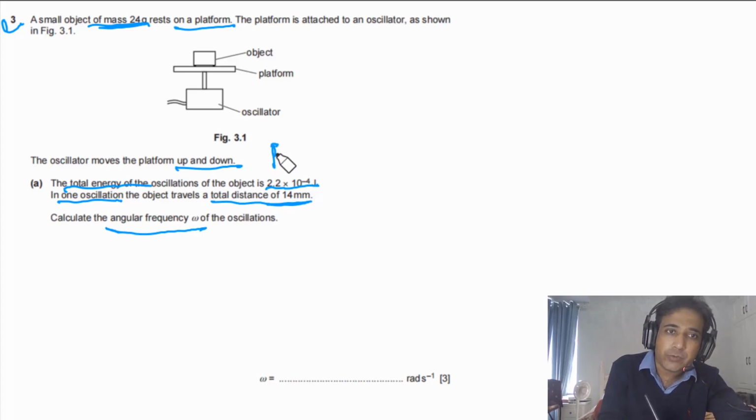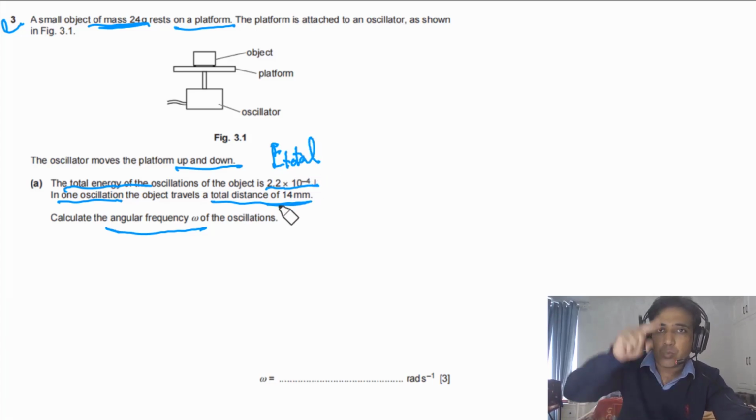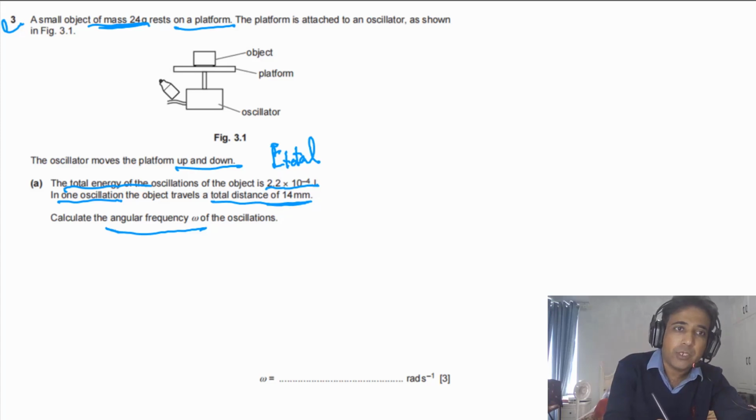So first of all, we need to understand the total energy is given. So we can say this is E total. And this is the total distance for one complete oscillation. Let's say the object started from equilibrium, it goes to the highest position. So the distance traveled is equal to 1 amplitude. Then it comes back to equilibrium, it again travels a distance equal to 1 amplitude. Then it goes down to the lowest position. So this distance is also equal to 1 amplitude.